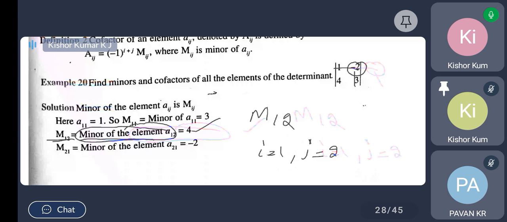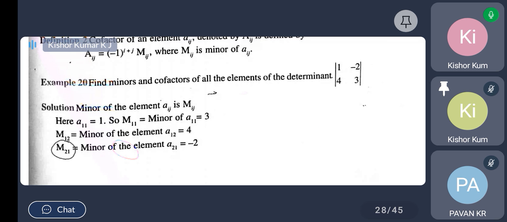Next, I will move to the second row. The second row, first element we can mention in the form of M21. So here we have M21, which we can call the minor of the element A21. 21 means the second row, first column. This is the element. Now delete the corresponding column and the corresponding row. You will get minus 2.